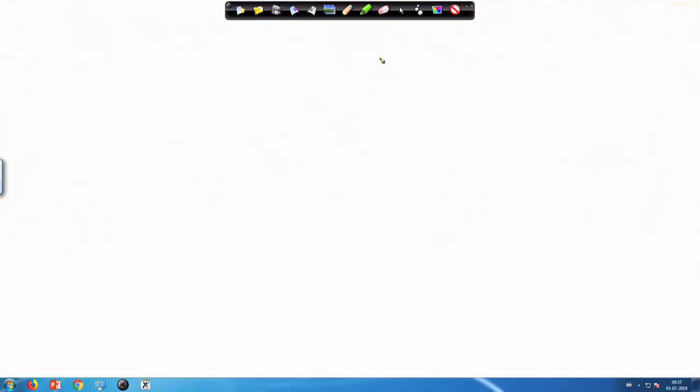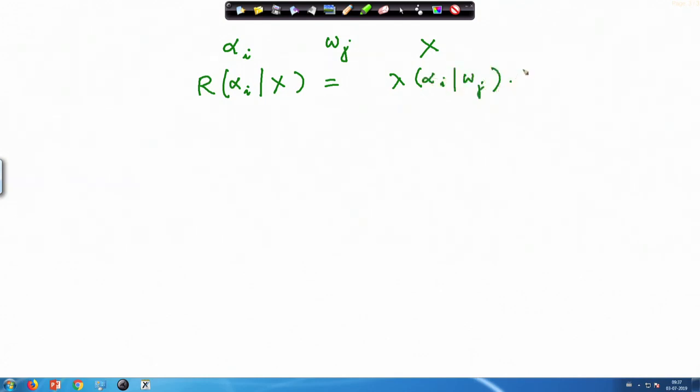We are discussing the risk function, and we have defined that if you take an action, say alpha I, where the true state of nature is omega j, then for a given input vector x, the risk involved is given by R of alpha I given x, which is nothing but lambda of alpha I given omega j into p of omega j given x, and you take the sum of this over all j.